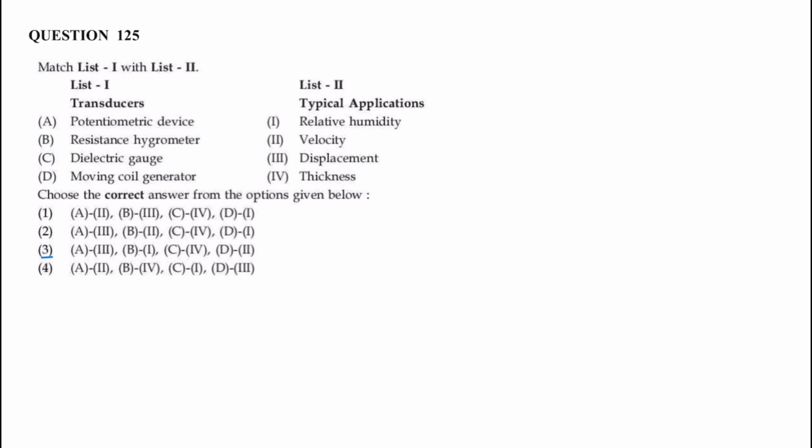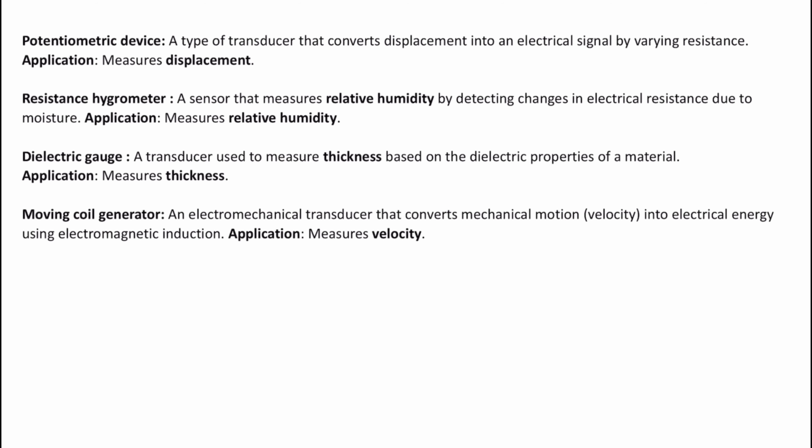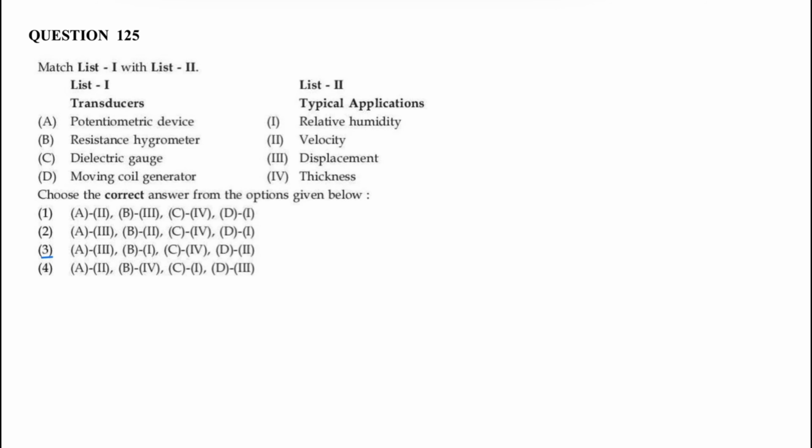Potentiometric device, resistance hygrometer, it is related to transducers and their applications. This potentiometric device is a type of transducer that converts displacement into an electrical signal. Potentiometric device application is displacement. Resistance hygrometer measures relative humidity. Dielectric gauge measures thickness. Moving coil generator measures velocity.